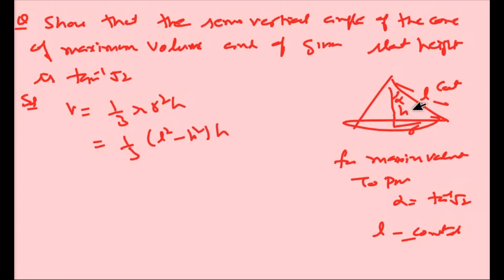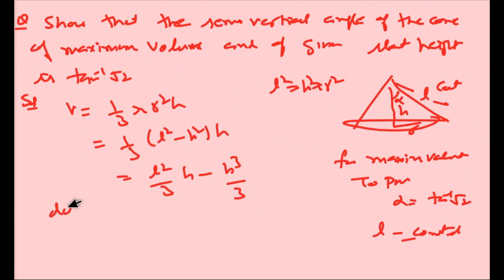Using the Pythagoras theorem, L square equals H square plus R square. Now L is constant, so we can say L square upon 3H minus H cube upon 3. Now dV by dH, we can take L square by 3 into 1 minus 3H square by 3.